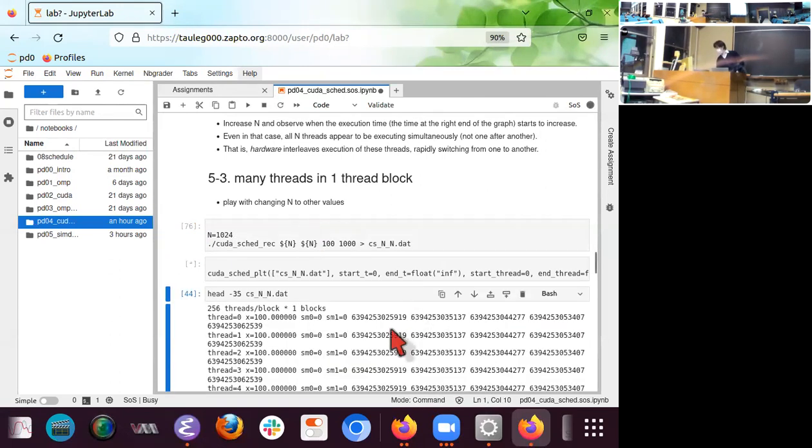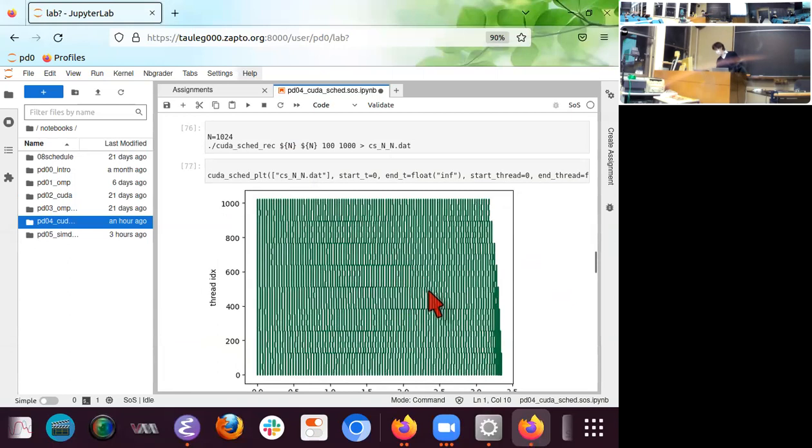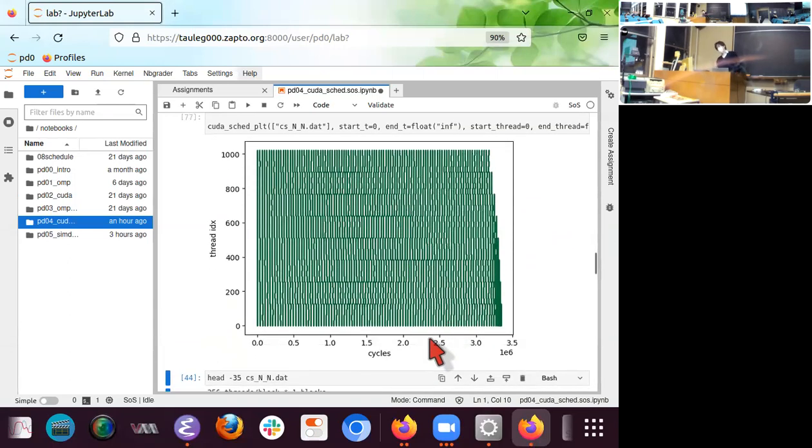So if you make it 1024, and compare this to the number you get with 256 threads, this time you see an almost proportional increase. The execution time increases almost a factor of 4, going from 256 to 1024.